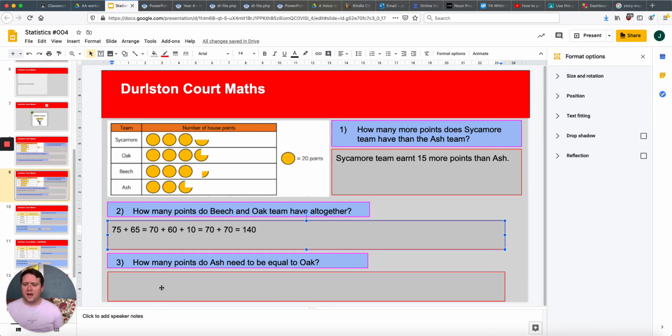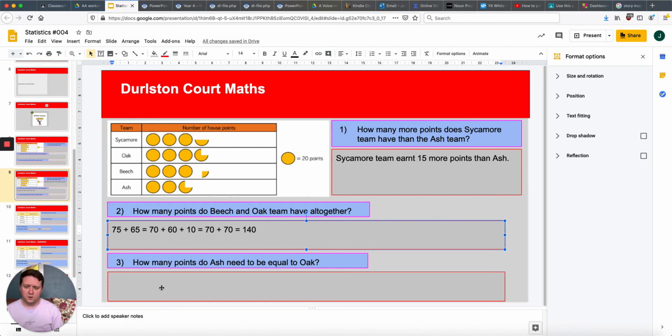Question 3. How many points do Ash need to be equal to Oak? Okay, so we need to know how many points Oak have. We need to know how many points Ash has. And then we need to know how many more Ash need to get to be in line with Oak, to be equal to Oak. Okay, so Ash have got 20, 40, 55 points.